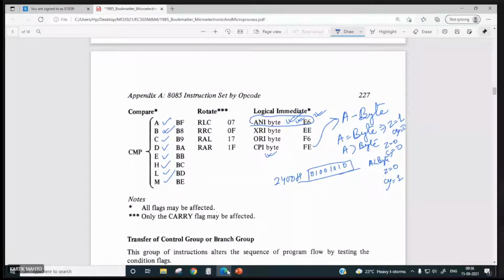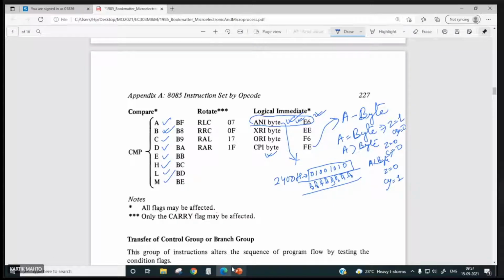Now it has how many bits? D0, D1, D2, D3, D4, D5, D6, D7 bits are there. Whether any bit is 1 or not, that we can check with the help of ANI byte.